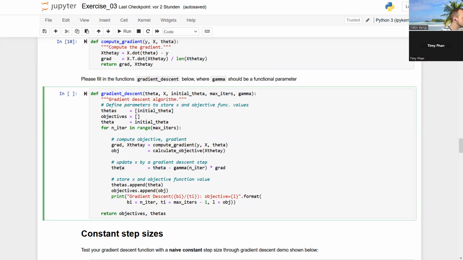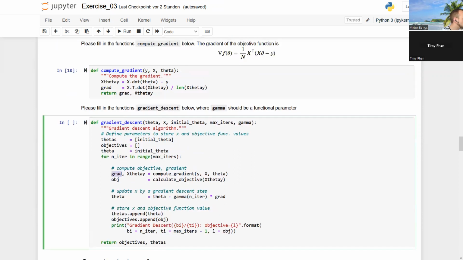So the theta is updated by considering the current theta and going with step size gamma depending on the iteration we are currently in. This is what we in the lecture always call the t, the current iteration, and multiplied with the gradient.